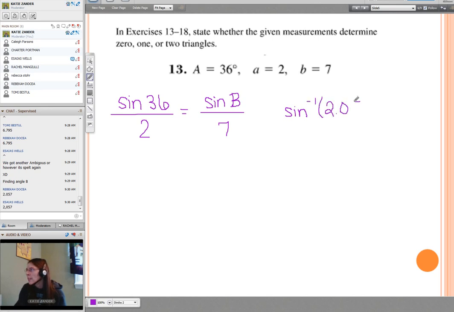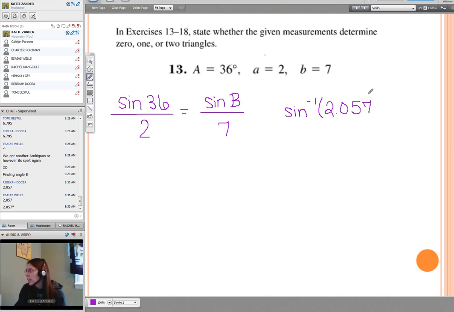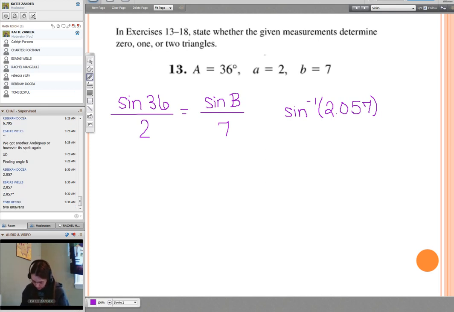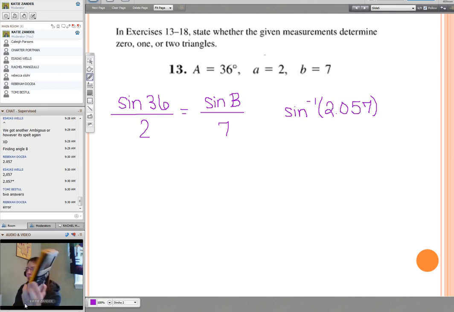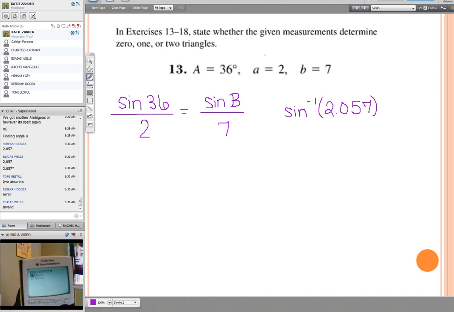What happens when you type this into your calculator? You get an error. Yeah. It's invalid. It's outside the domain. If you think about it, sine needs to be between +1 and -1, right?